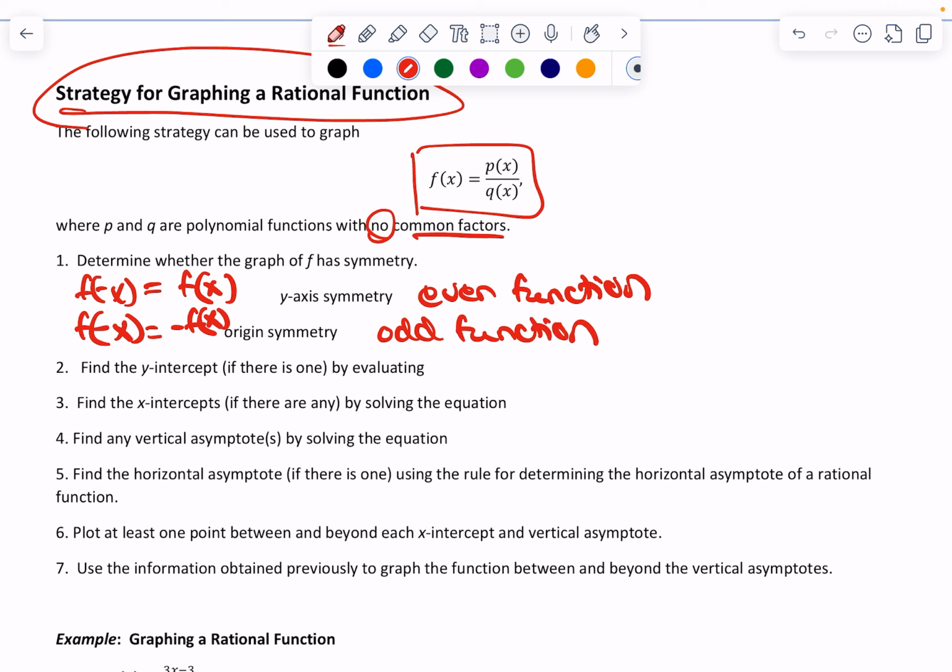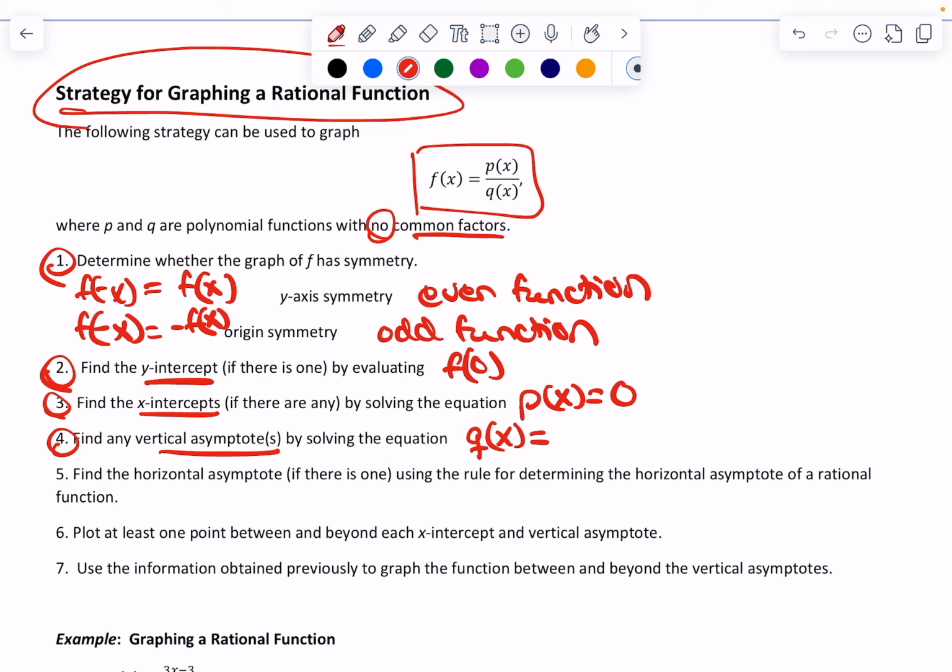After we determine that, we find the y-intercept, if there is one, by evaluating f of 0. Step number 3, find the x-intercepts by solving the equation p of x equals 0. Find any vertical asymptotes by solving the equation q of x equals 0, remember, the denominator.